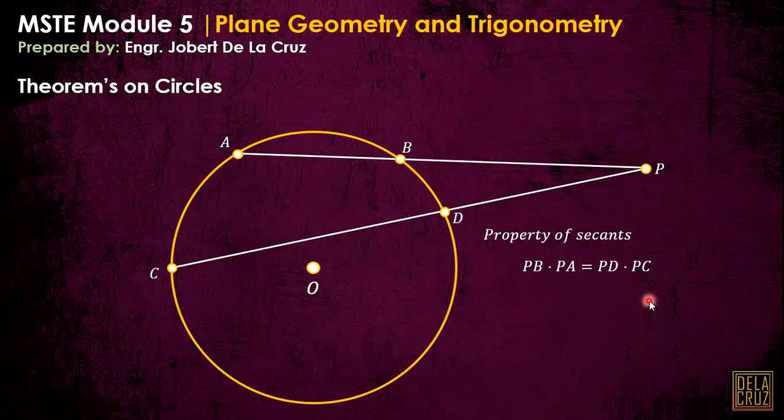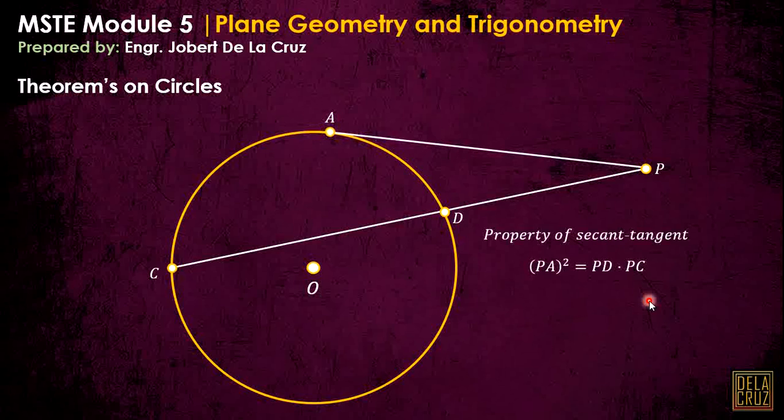Understand that one. What if we make one of the lines a tangent? So this one is tangent, this one is secant. The property of the secant-tangent is that the tangent is just squared: PA squared equals the secant, same as before, PD multiplied by PC, the total length.